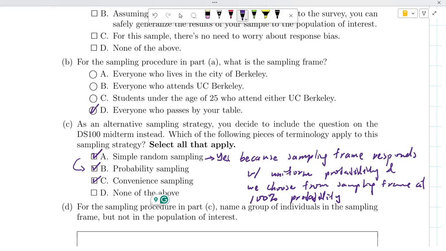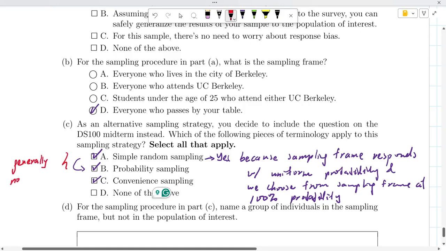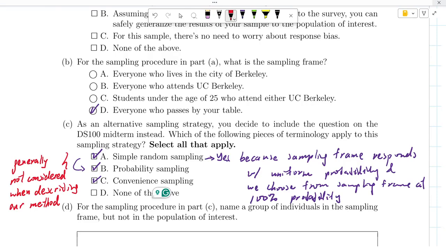But this is a slight wordplay that the solution is trying to use, and generally, these two are not well considered as a good description of our method. Okay, so hopefully that gives you a sense of why the solution thinks the way it does.